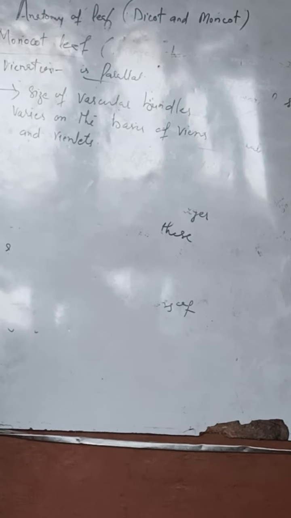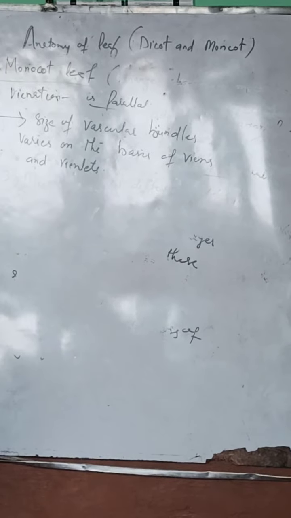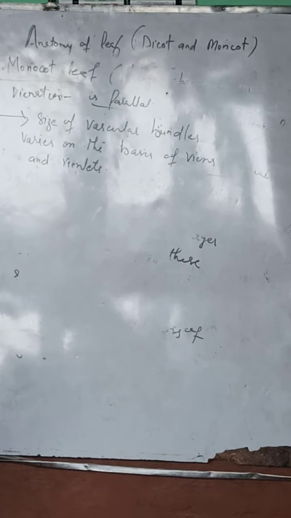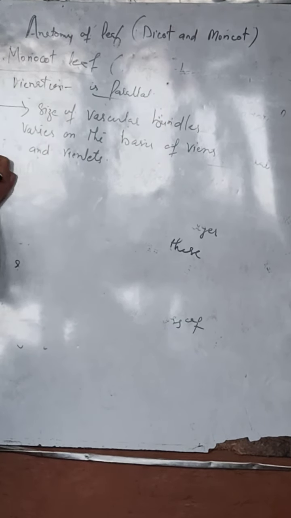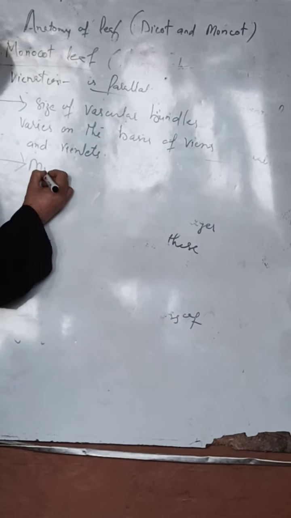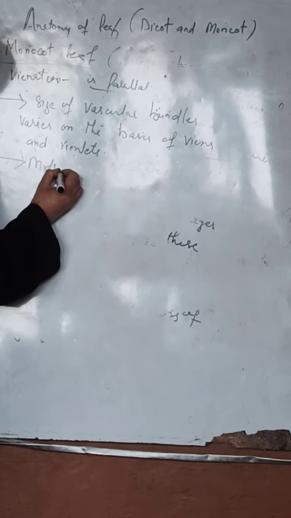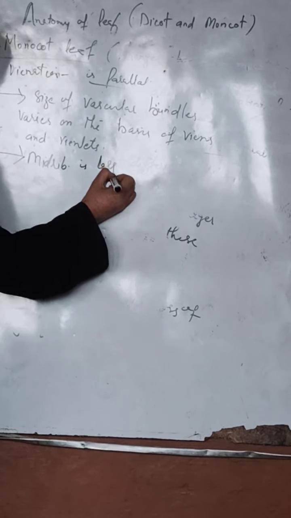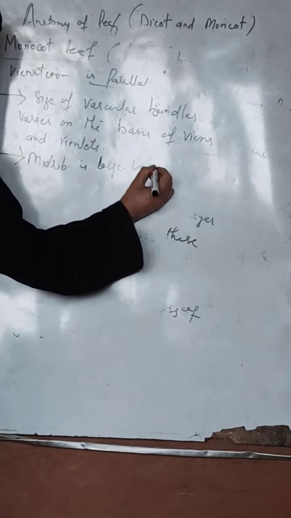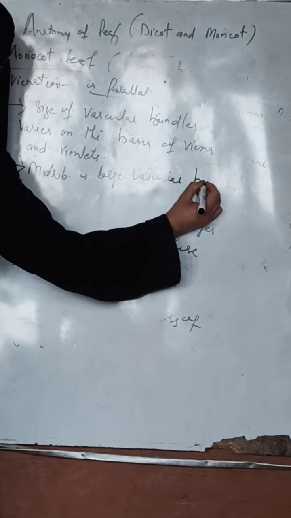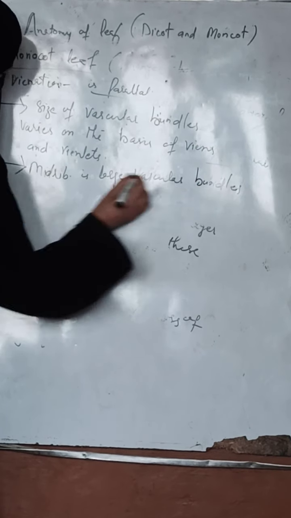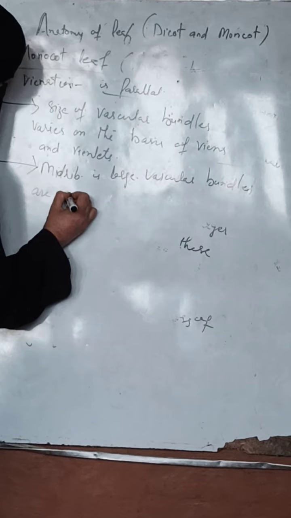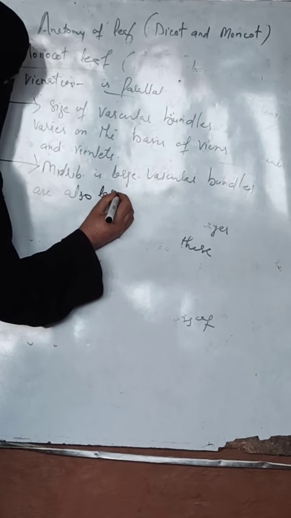I have shown you the leaf that when midrib is large, or you can say vein, vascular bundles are also large.